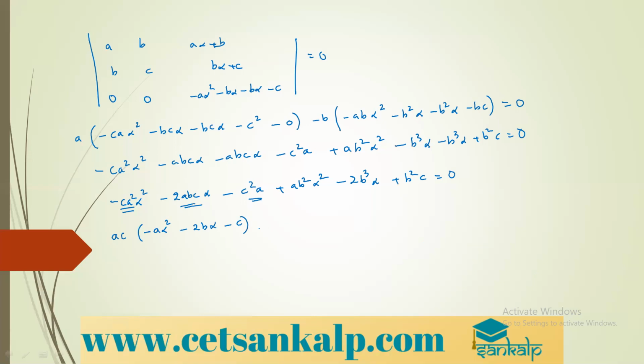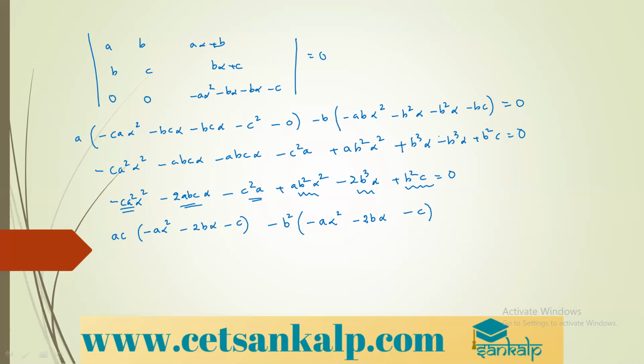Next, I can take something else common. I can take minus b square also common. From which terms will I take minus b square common? I will have minus a alpha square, then minus 2b alpha and minus c.